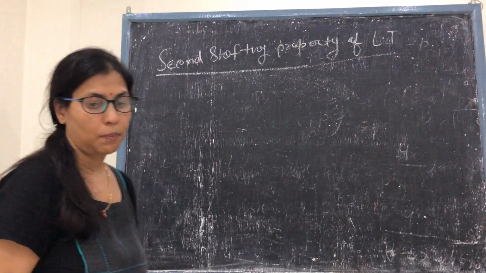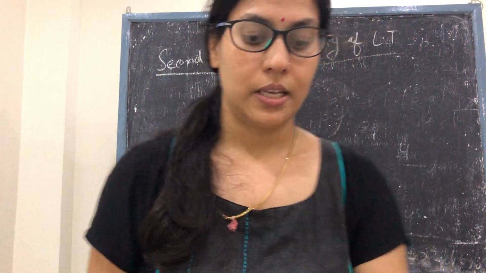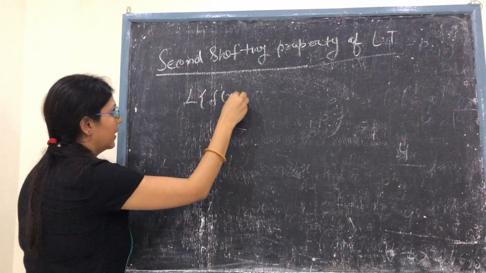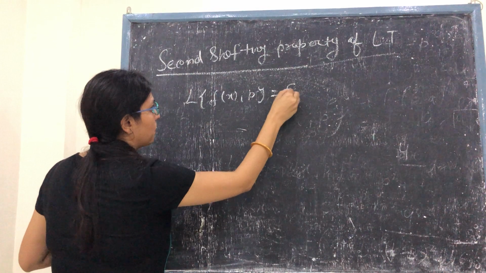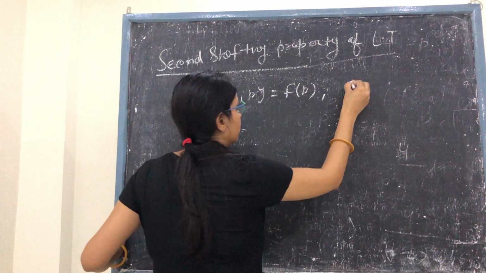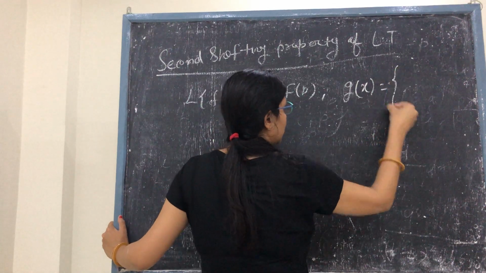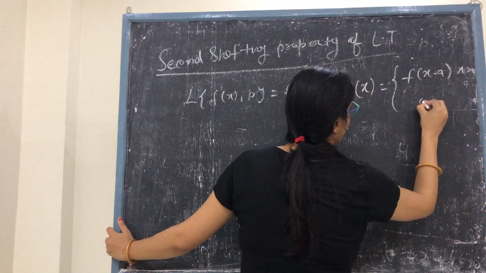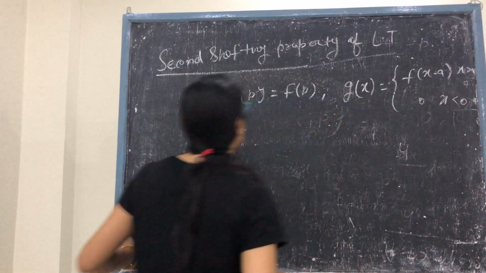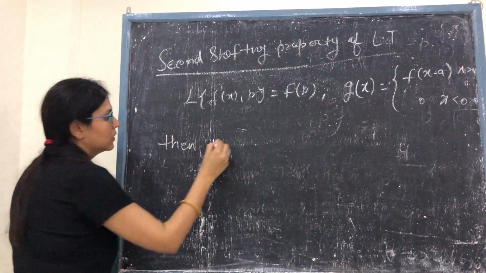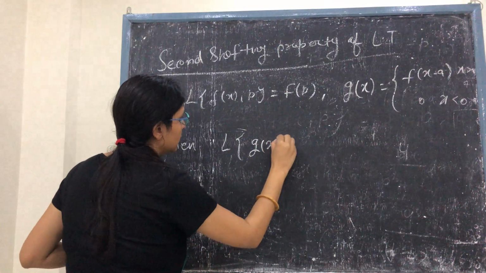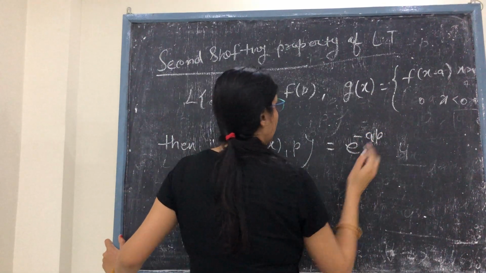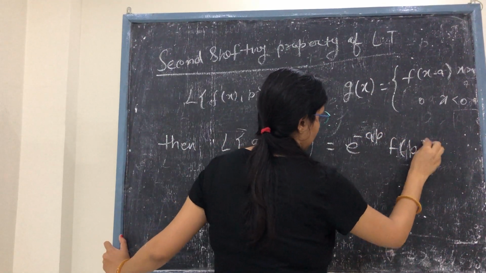What does this property say? If it is already given that the Laplace transformation of some function f(x) is denoted by f of p, and we are given another function g of x such that g of x is f of x minus a when x is greater than a and 0 when x is less than a, then the Laplace transformation of g of x is given by e raised to the power minus ap f of p.